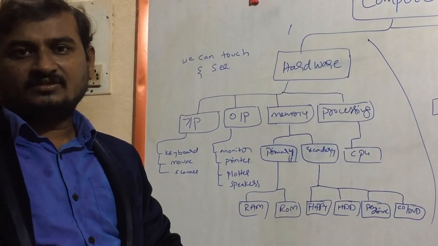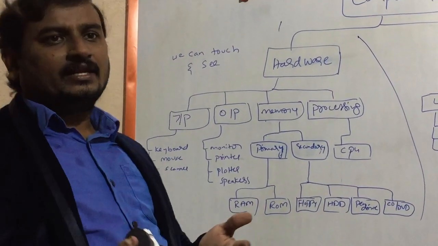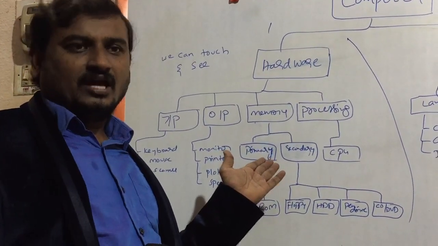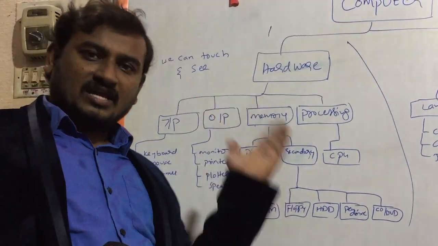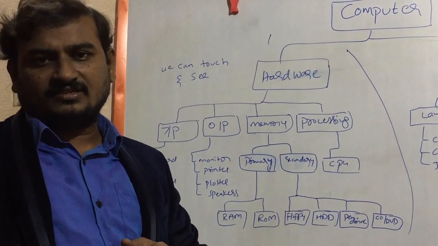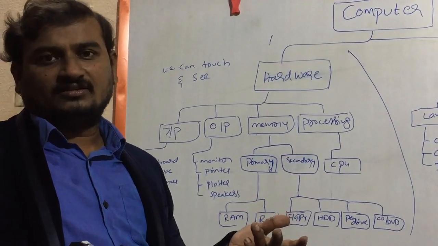One more real-time example: primary or temporary, main memory, means whatever we learned in last year's classes, I forgot. I ask so many students, and they tell me, sir, I forgot that formula or something like that.